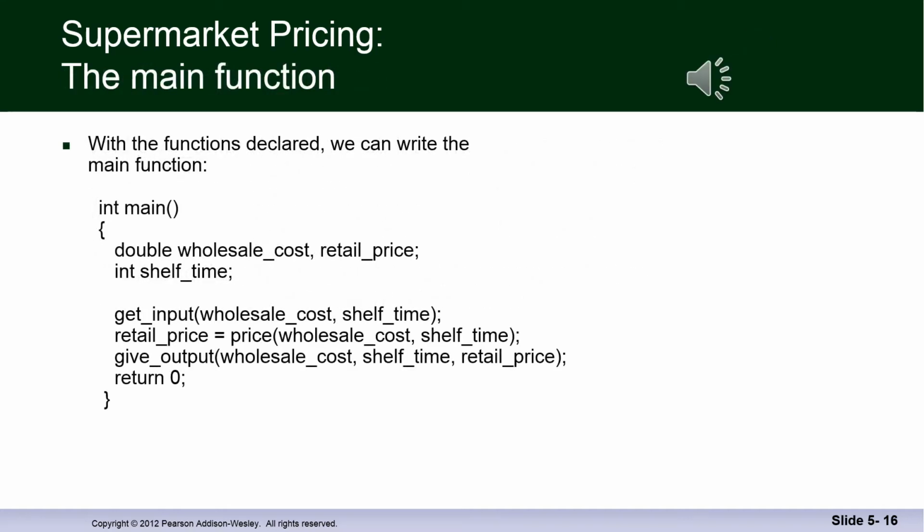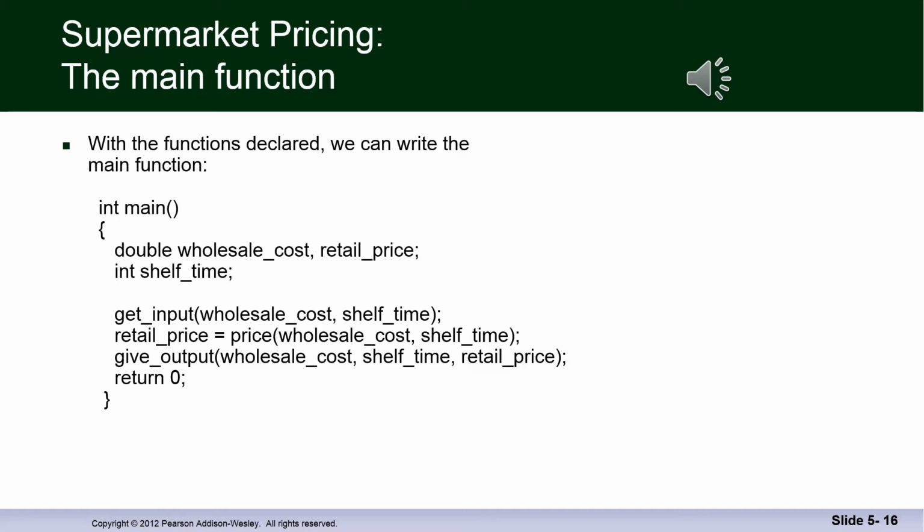Notice how minimal main becomes when you use top-down design and subtasks implemented as function calls. In main, you're declaring wholesale cost and retail price as doubles, and shelf time as an int.